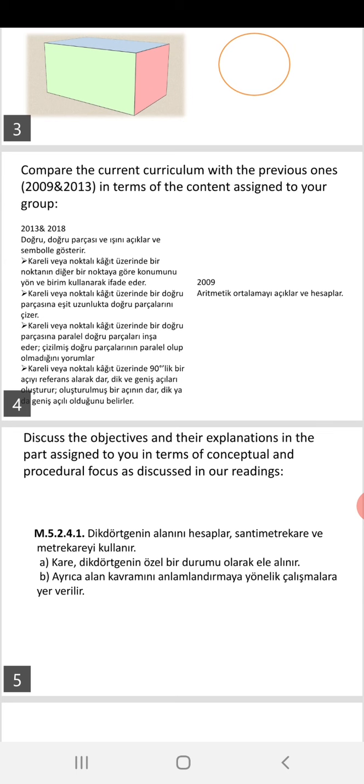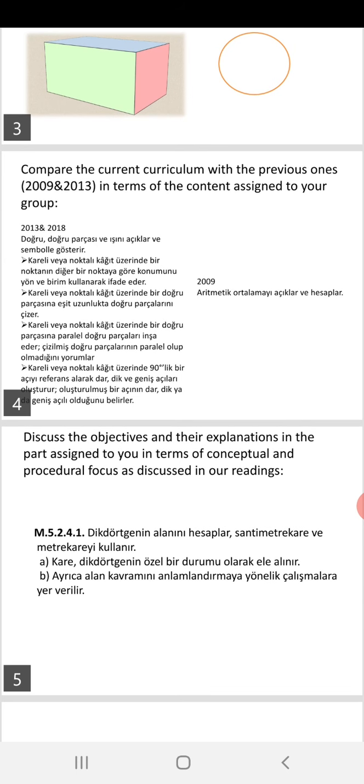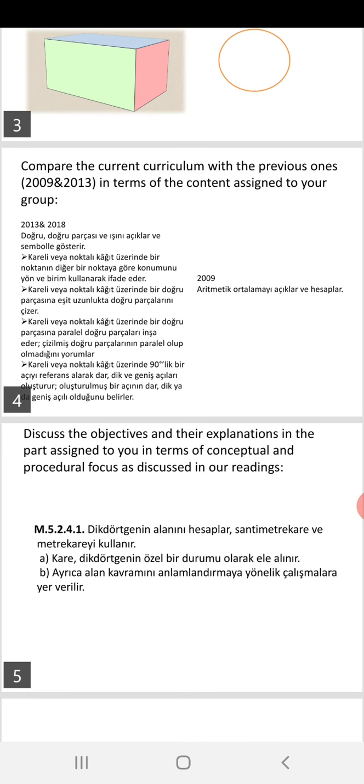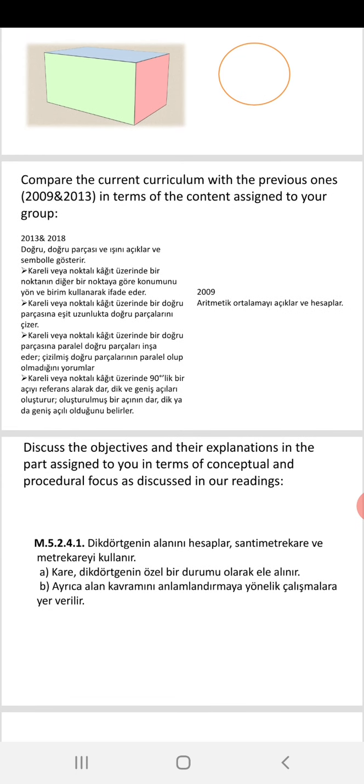In all curriculums, there are objectives related to developing the concept of area. However, while in the last two curriculums the shapes for area are limited to rectangles, the 2009 curriculum also has objectives related to calculating areas of parallelograms and triangles. And also circles and arithmetic mean are mentioned in the 2009 curriculum. Remember that these topics are in the 6th grade curriculum.